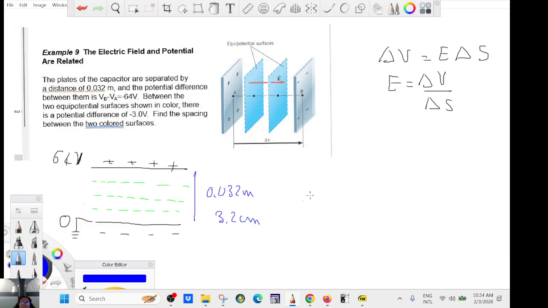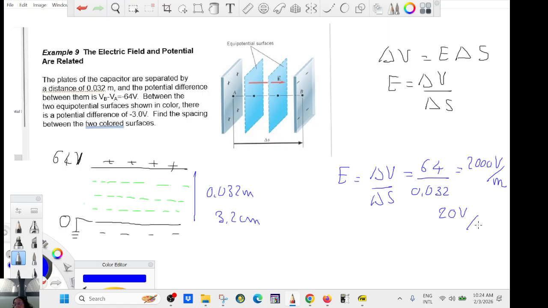So the electric field is a slope. Delta V over delta S is 64 over 0.032, so it's going to be 2000 volt per meter. Is that clear? It means the voltage is going to decrease at a rate of 2000 per meter, or 20 volt per centimeter.